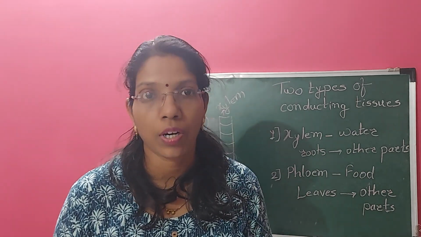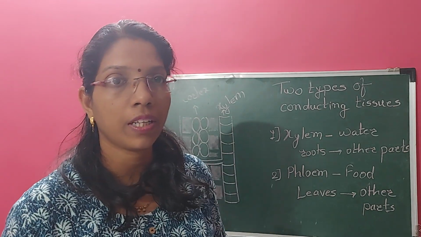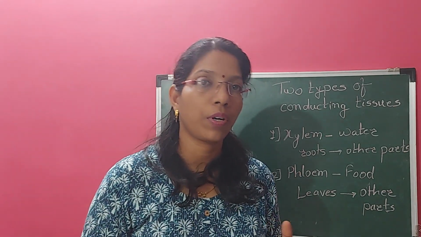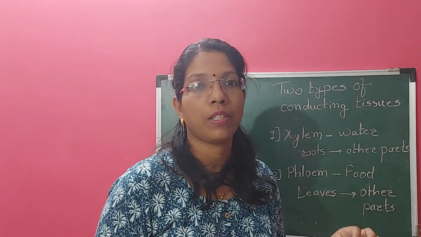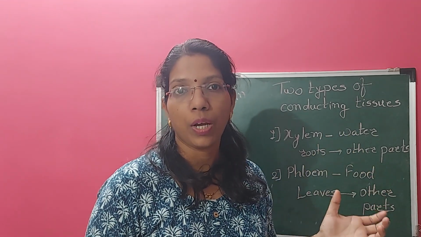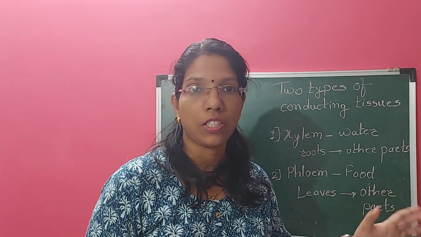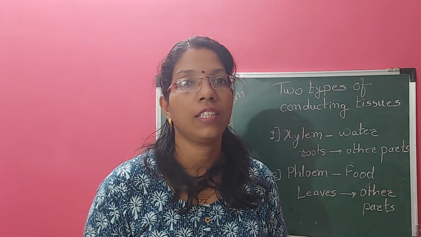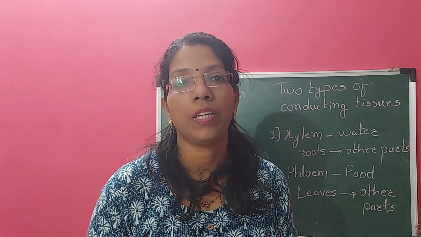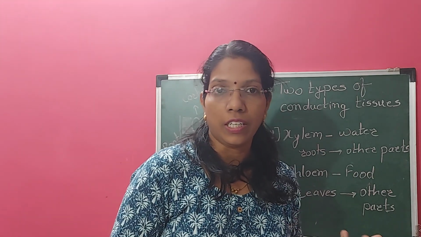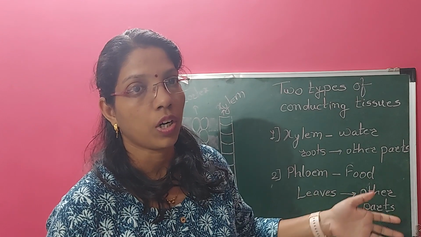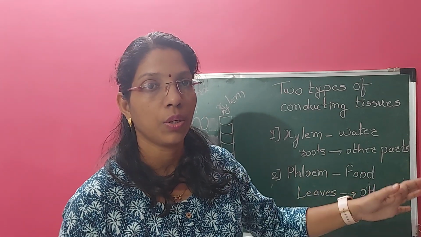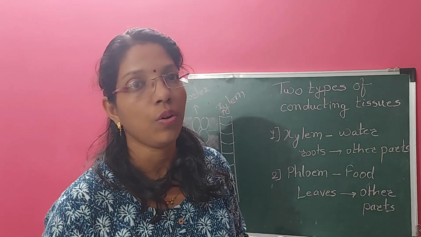To remember that, food starts with the F sound, and though the spelling of phloem is PH, the pronunciation is F. So phloem conducts food, the pronunciation is the same, so it will be easy for you to differentiate between the conducting tissues. Xylem conducts water, phloem conducts food. That is clear to you.